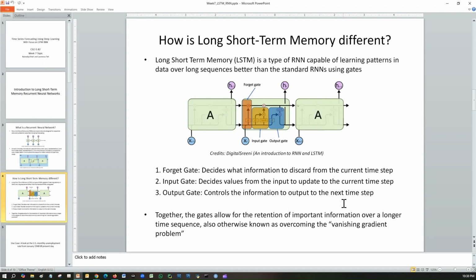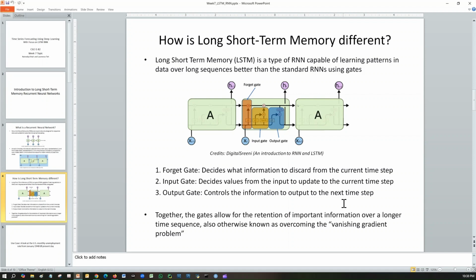And as we know, the loss function is, by definition, simply the predicted value minus the actual value. When we take the partial derivative of the loss function, that's how we get the gradient at every time step.